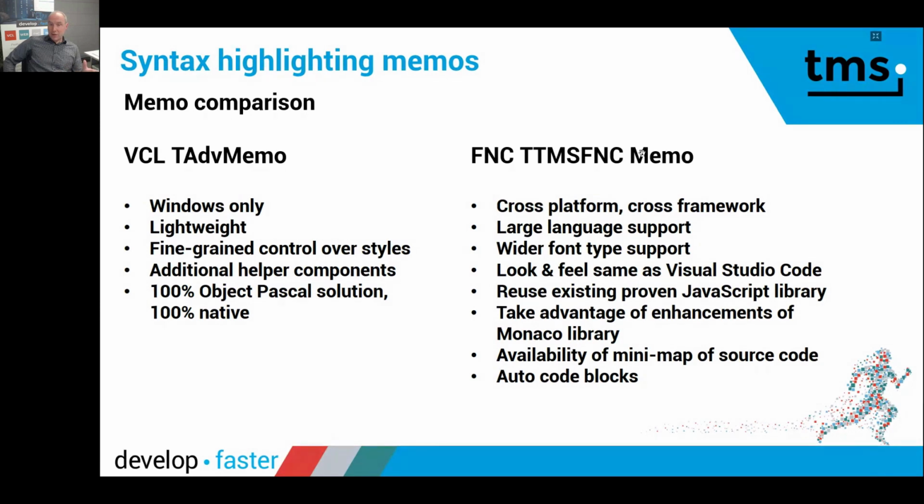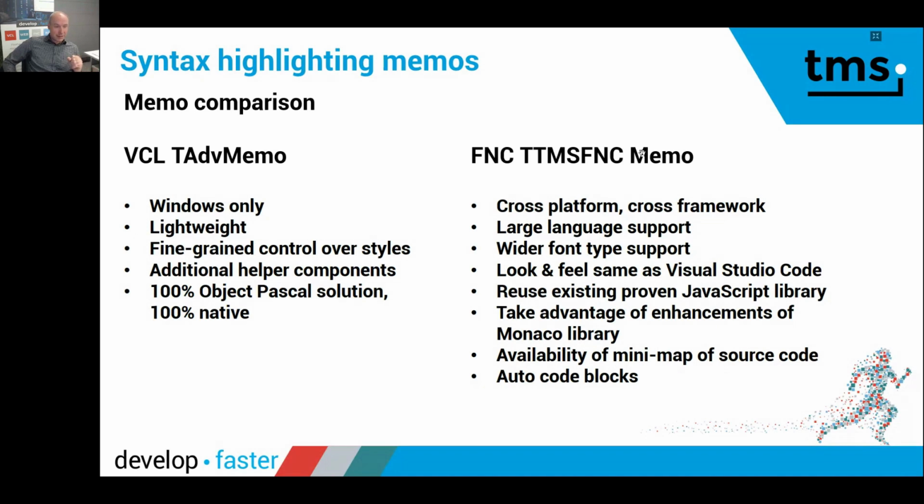It has fine-grained controls over styles, more fine-grained actually than the FNC Memo. I showed you how, for example, you can change the color of keywords in the Object Pascal language. While technically that's also possible in the JavaScript Monaco library, it's somewhat more involved and cumbersome, but these things are all available in the ADV Memo stylers.